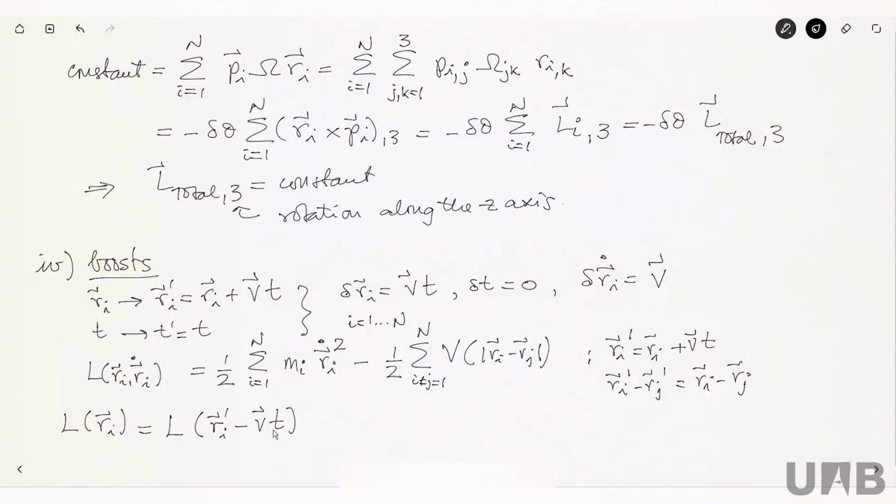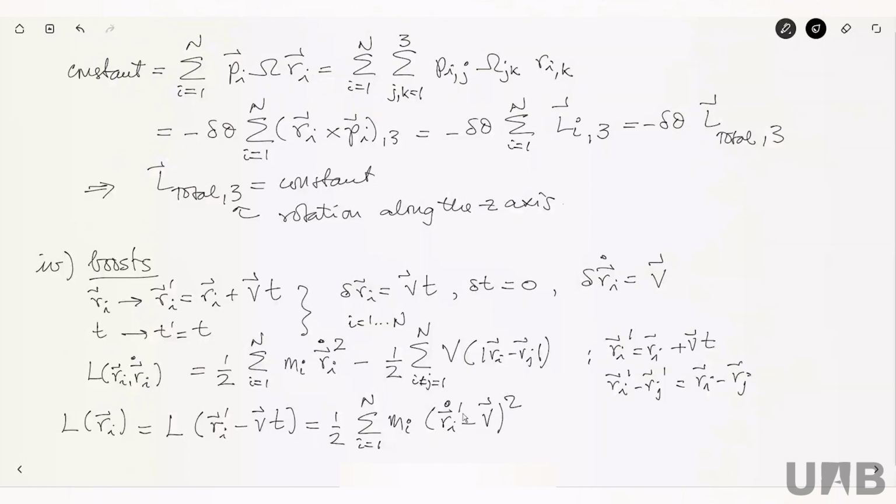All right. So that means that I have to write here 1/2 of the sum from i = 1 up to capital N of m_i, and then (r_i prime dot minus V) whole thing squared, right? Because I have to take the derivative of this object with respect to time.